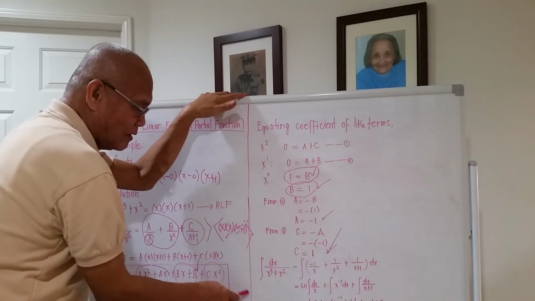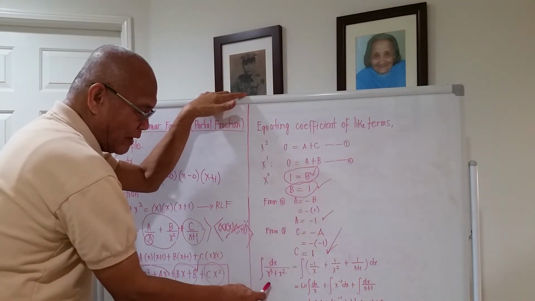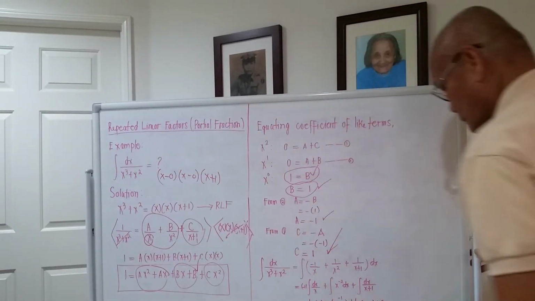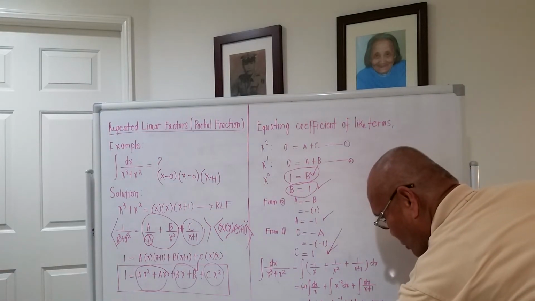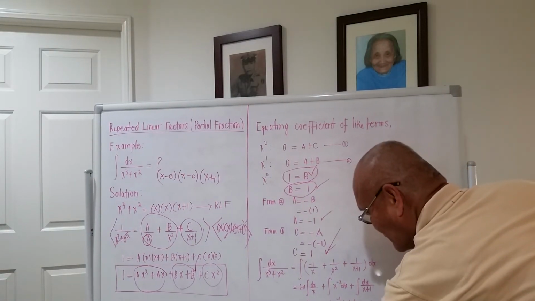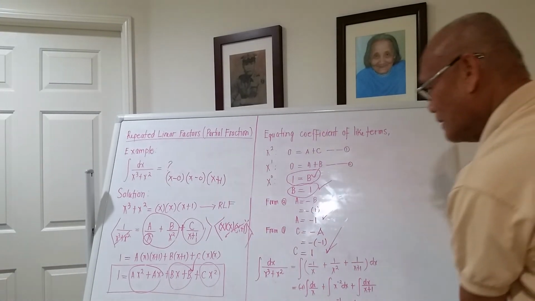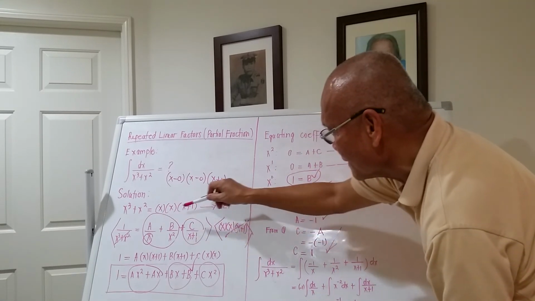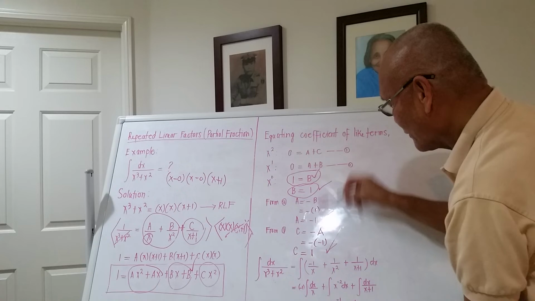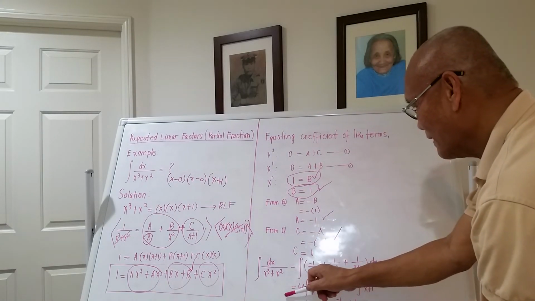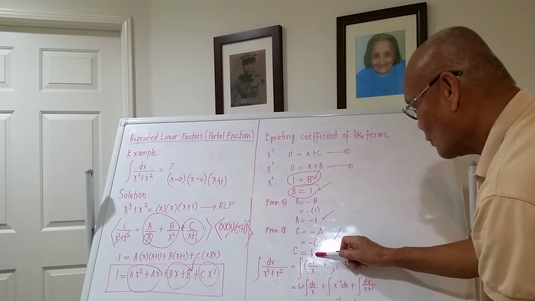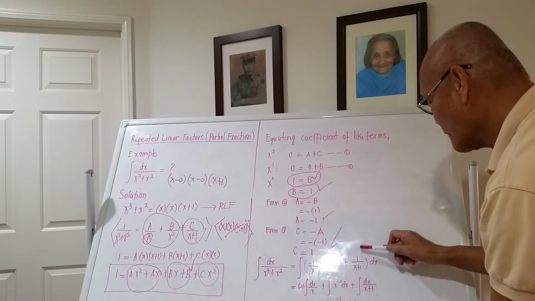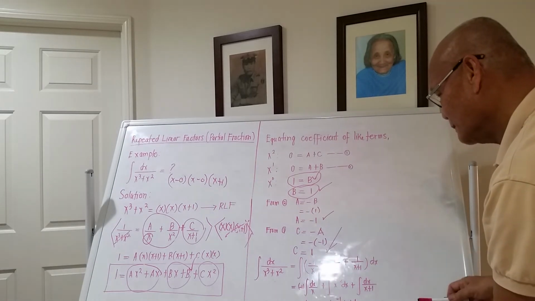Therefore, the integral of dx over x cubed plus x squared is equal to, I will raise this up, you might not see it. We substitute the values of A, B, and C. Therefore, the integral of the quantity negative 1 over x, plus 1 over x squared, plus 1 over x plus 1, dx.